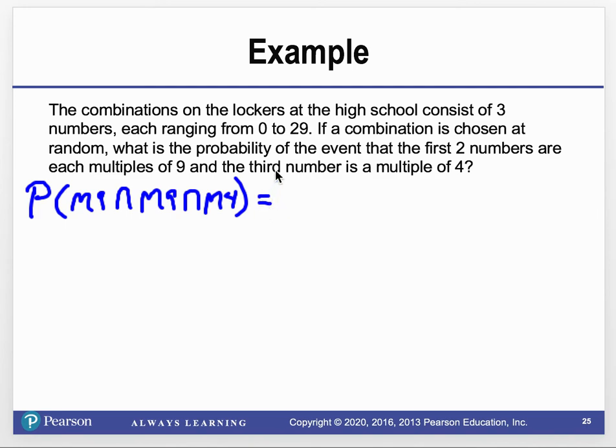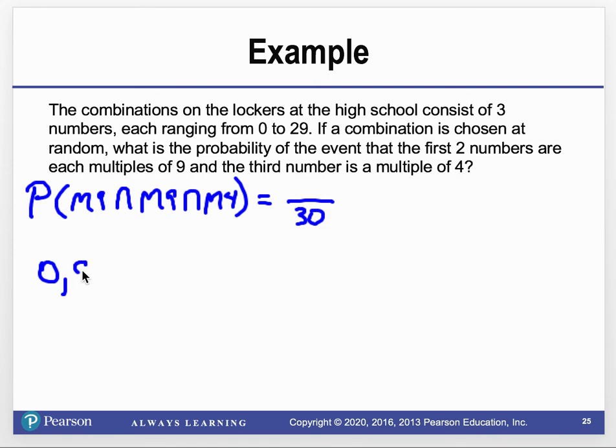Now, my multiples of 9. Each number ranges from 0 to 29, so I know my denominator is 30, right? Not 29, because 1 to 29 is 29 numbers. We have the 0, so there's my denominator of 30. So let's see what my multiples of 9 are. Don't forget 0, right? 0 times 9 is 0. That's a multiple of 9.